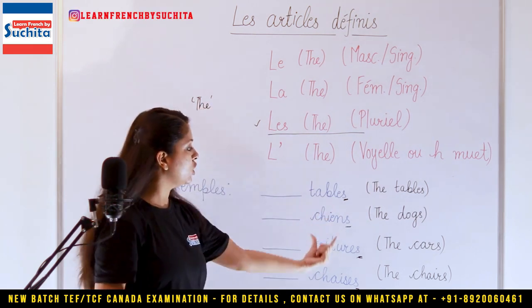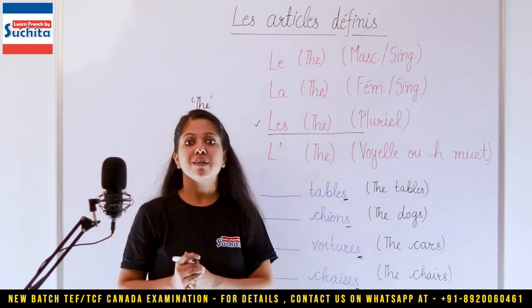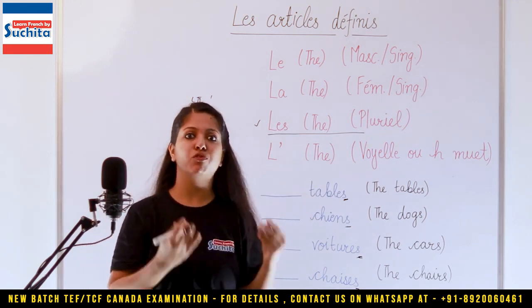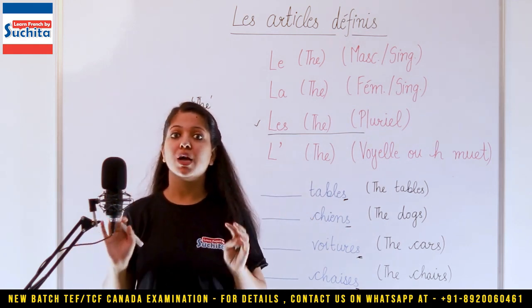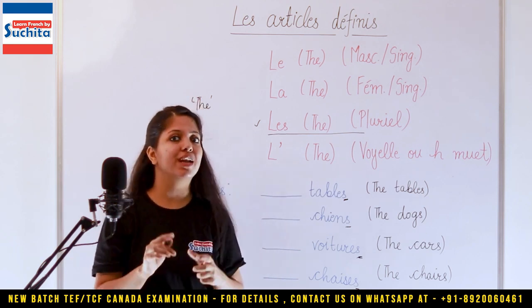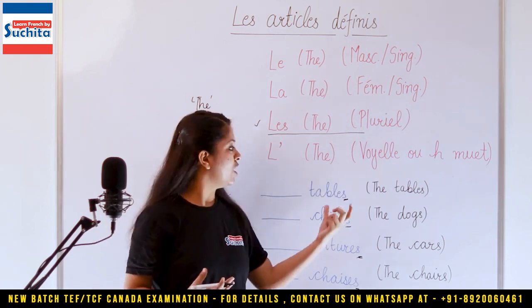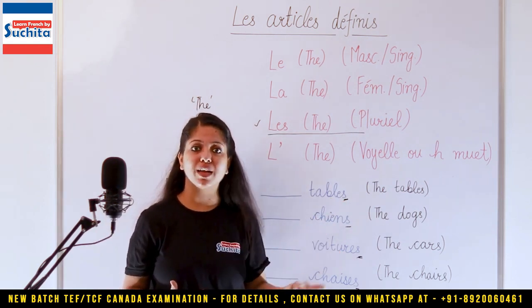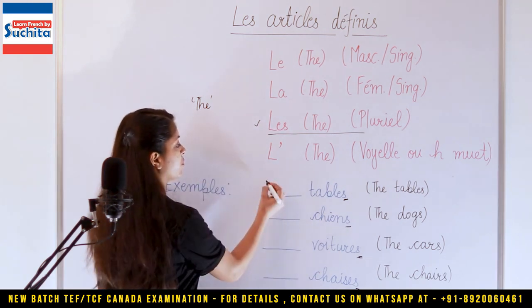So now here I've written all the nouns which are plural. If they are plural, you never have to check masculine, feminine, begins with a vowel. No. Blindly you have to apply les. But that doesn't mean that the noun is not male or not female. Of course, the word table is female because it ends with an E.